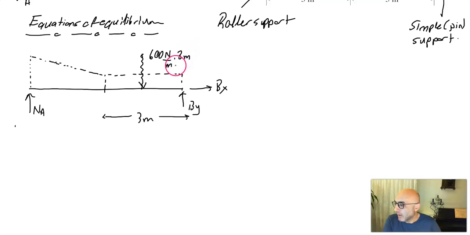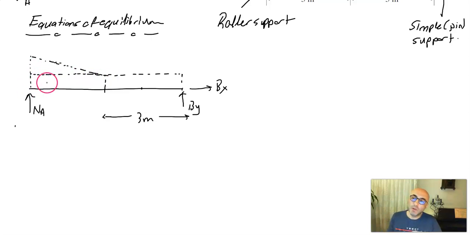Okay, and on the other hand, sorry, let's do the following. Let's delete all these and let's focus on one single uniform distributed load that I'm hatching now.